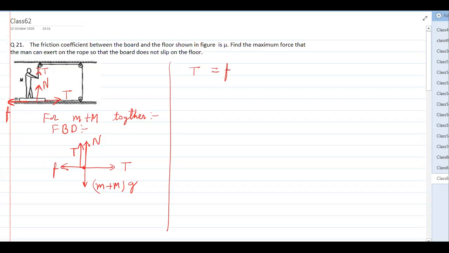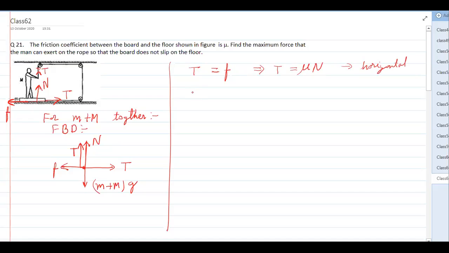So tension must be equal to friction at this maximum force. So tension must be equal to friction, and how much is the friction? Friction is mu times normal. And how much will the normal be? So for normal, we will write the vertical equation. This is the horizontal equation. This is horizontal.